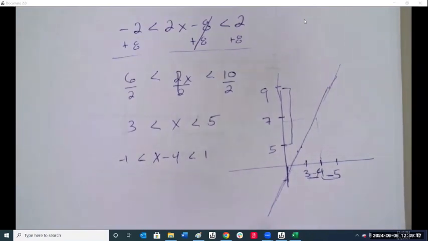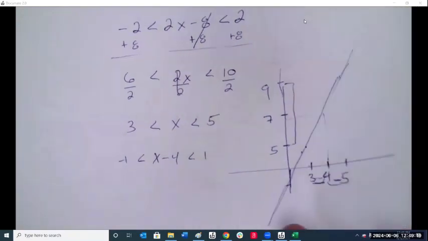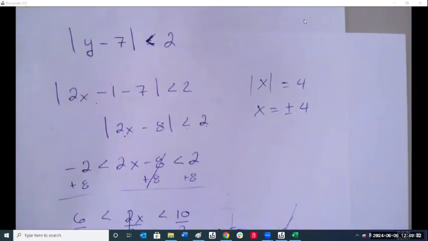Let's finally define limits. So for the last example, the answer we give would be 3 is less than x is less than 5.